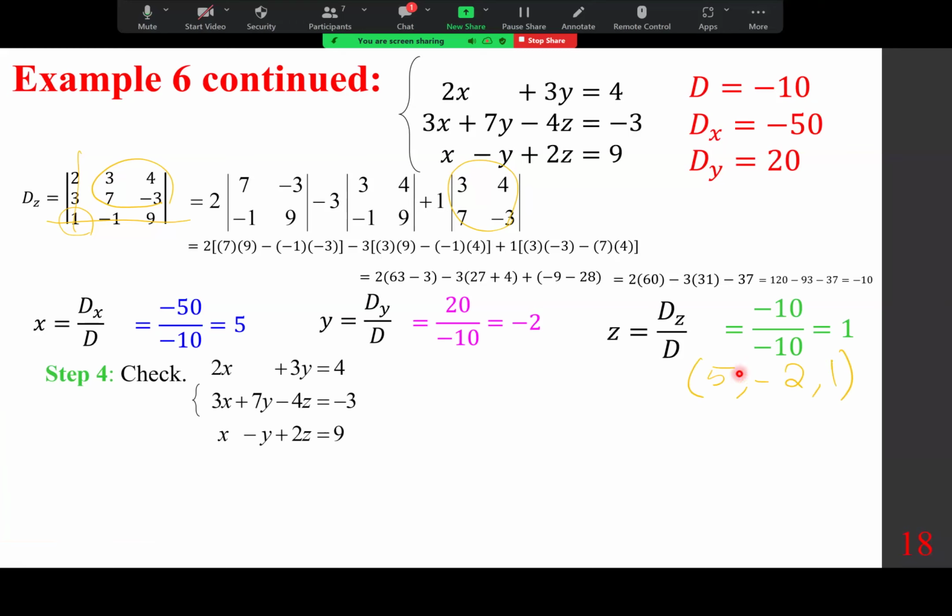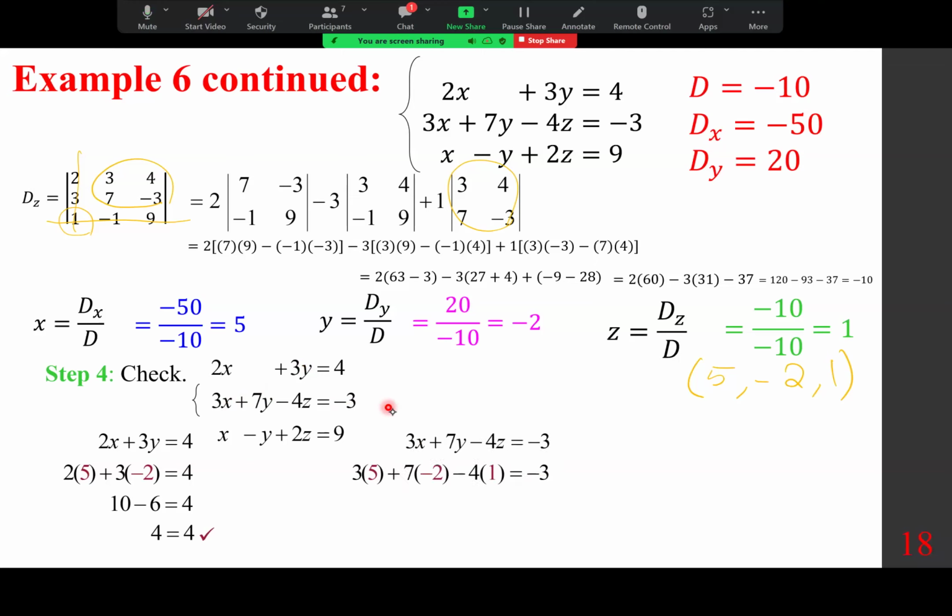So we're going to put this into the first equation and it checks. We're going to put that into the second equation and that checks.